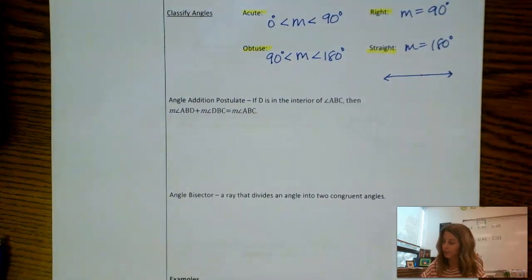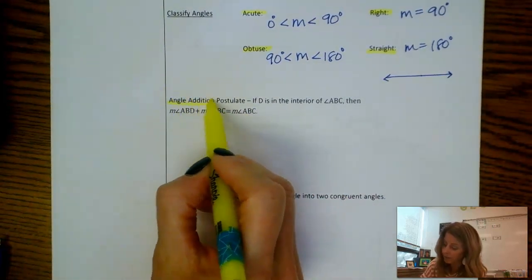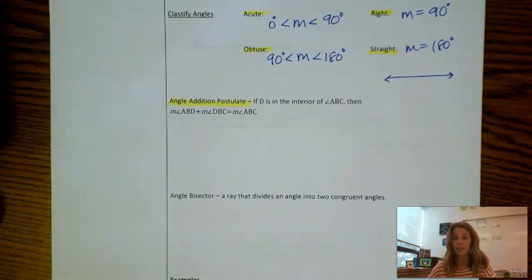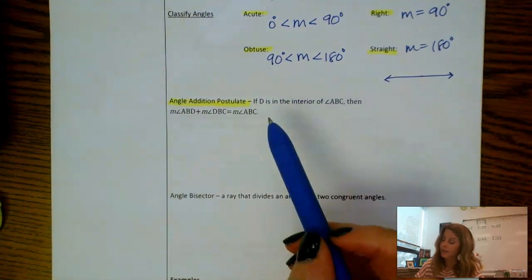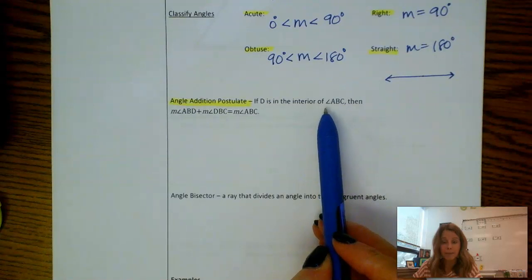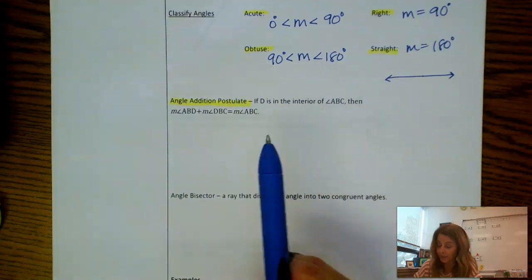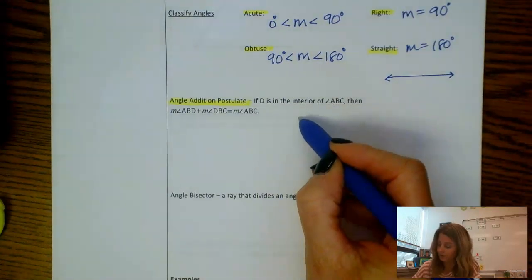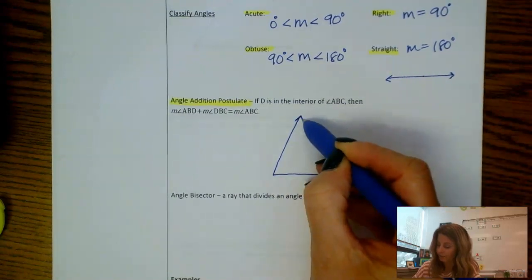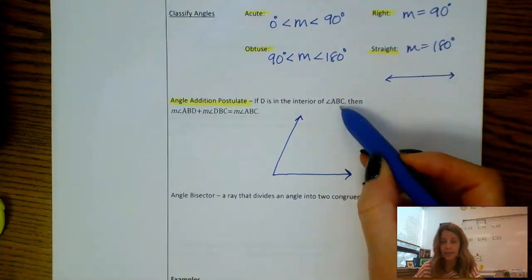Okay, let's move on to angle addition postulate. This is a phrase that you will need to know. It's identical to our segment addition postulate, but it applies to angles. If point D is in the interior of angle ABC, let's draw that first of all. Draw yourself a pretty large angle, and it needs to be called ABC.